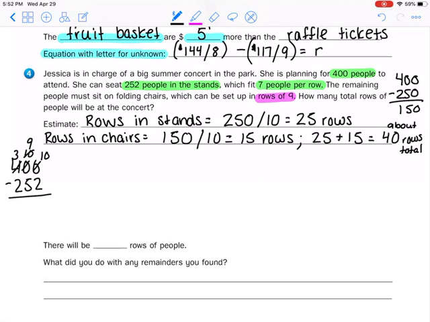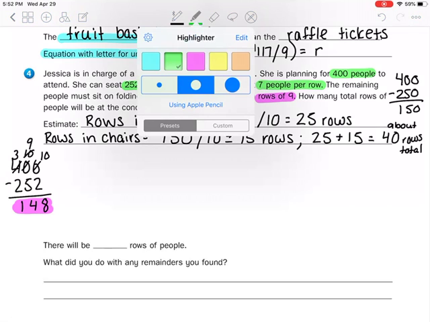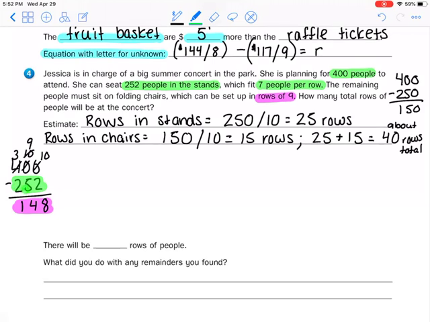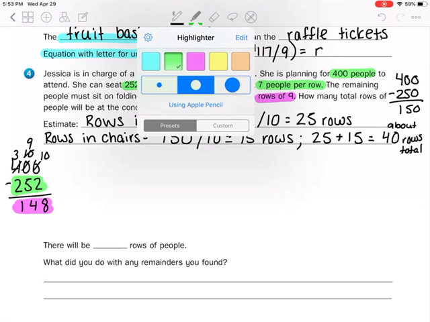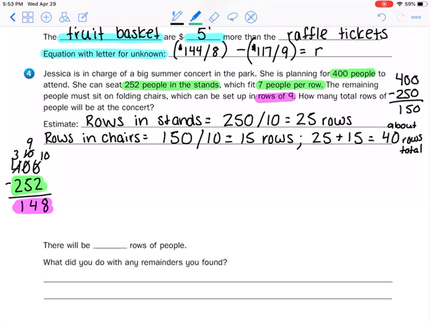So we're just borrowing. So 10 minus 2 is 8, 9 minus 5 is 4, 3 minus 2 is 1. So right now, she has 148 people sitting in folding chairs. And she has 252 people sitting in the stands for a total of 400 people that are attending her event.